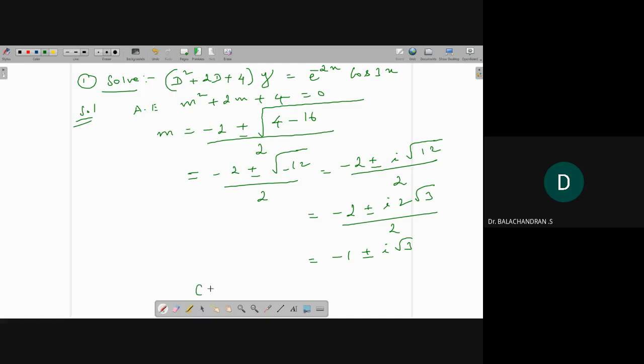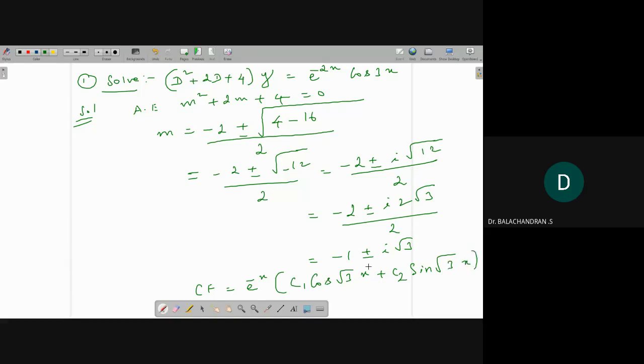So CF is e^(-x) [C1 cos root 3 x + C2 sin root 3 x].